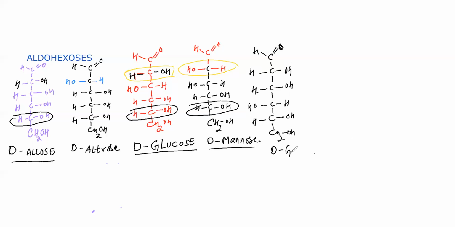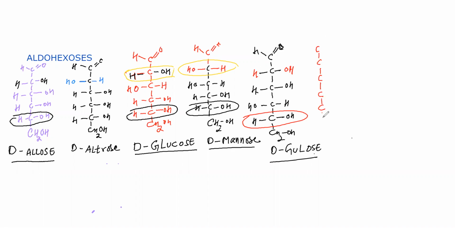This is called D-gulose. And here we have D-gulose again, and then we are drawing another structure which is D-idose.